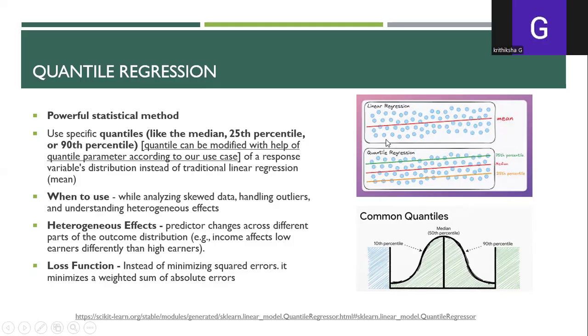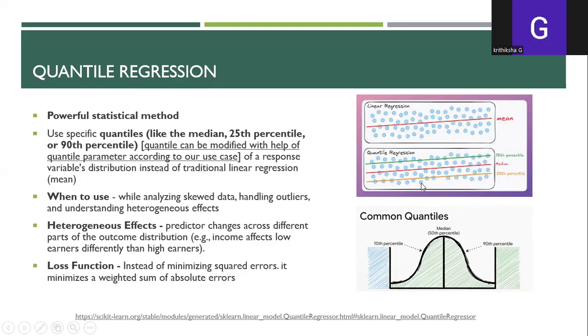If you want to find the average for the regression problem, after computing, we only get one line, the mean. But in quantile regression, we have the median, so it will consider the median line and also the 75th percentile projection line and the 25th percentile projection line. So it covers most of the data, so that it can efficiently handle the outliers of the data as well.